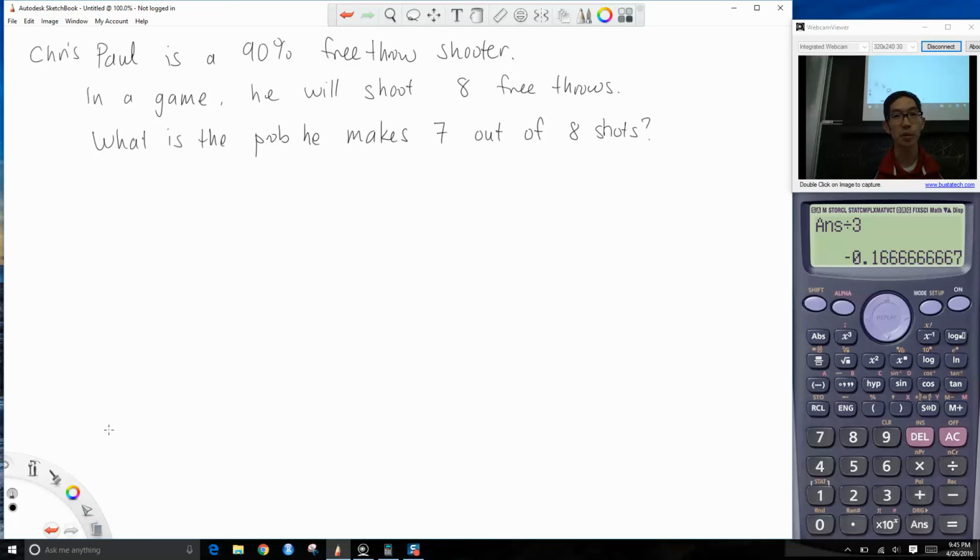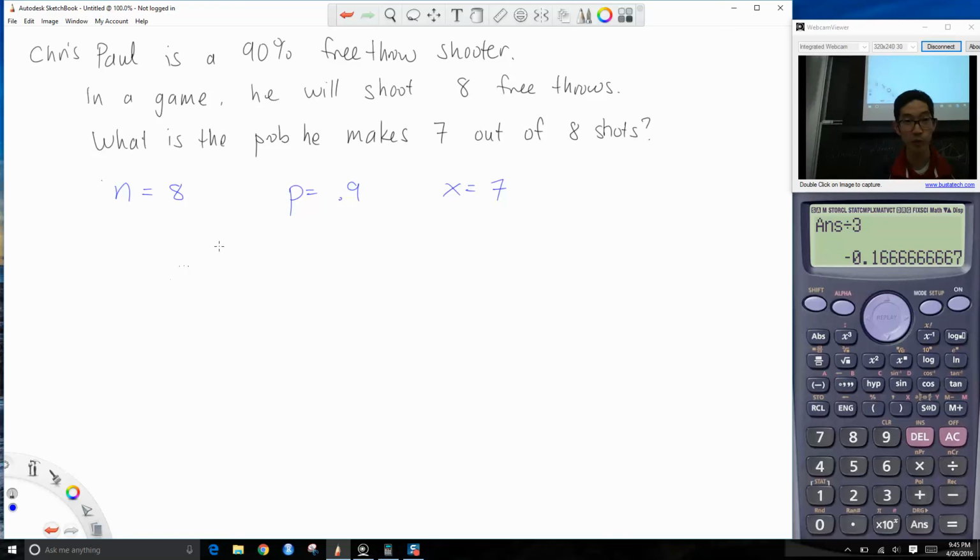So this is a binomial problem, and we have to figure out n, p, and x. What do we have? n is 8, p is 0.9, x is 7.